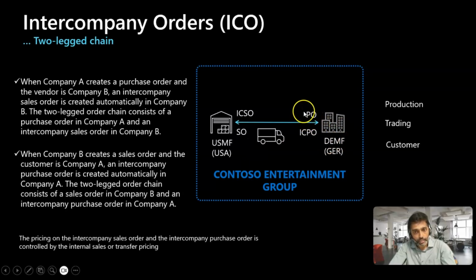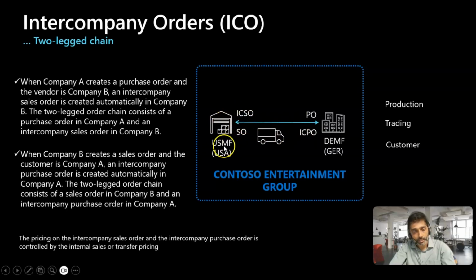So whenever you create a purchase order in DEMF, it creates an intercompany sales order in USMF automatically. Similarly, if you create a sales order in USMF and you have the trading relationship which we configured in episode number 1, then an intercompany purchase order is created in DEMF automatically. So this is basically a two-leg chain, where we have a chain between the two orders in the system.